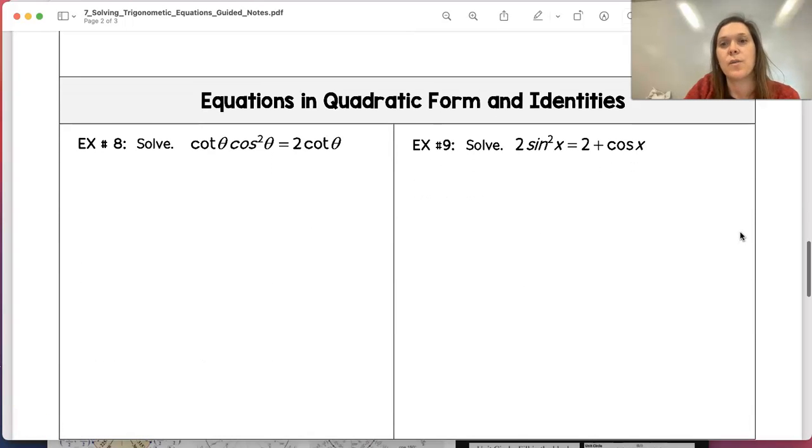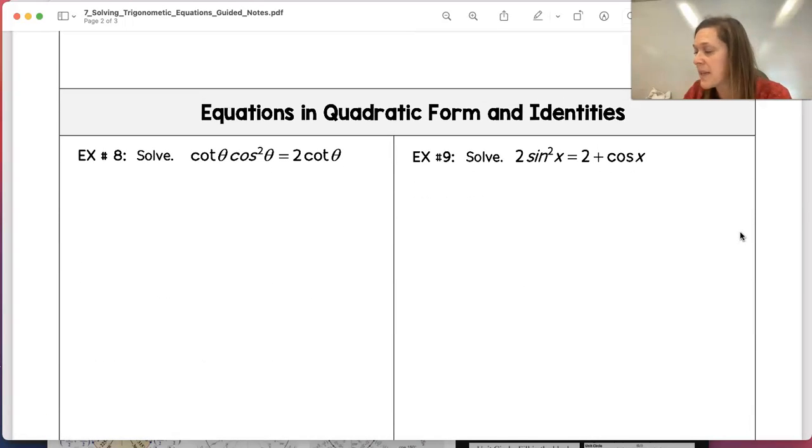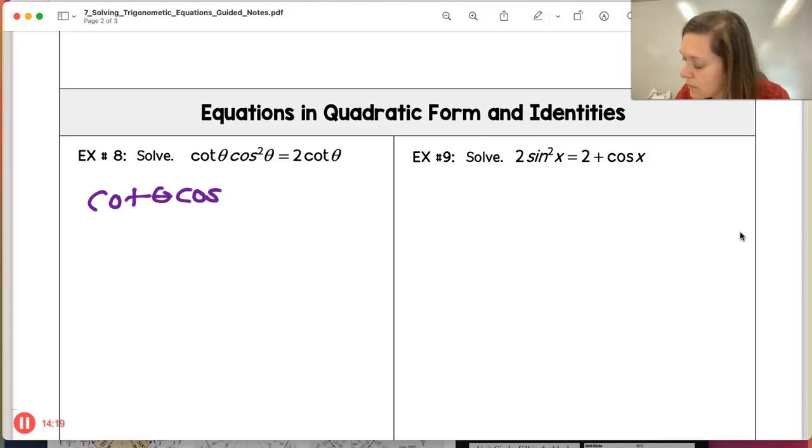All right, so equations in quadratic form and then bringing some identities back into our lives. So here we have the cotangent of theta times cosine squared theta is equal to 2 cotangent theta. I'm going to move everything over to the same side. So that's going to get me cotangent theta cosine squared theta minus 2 cotangent theta is equal to 0.